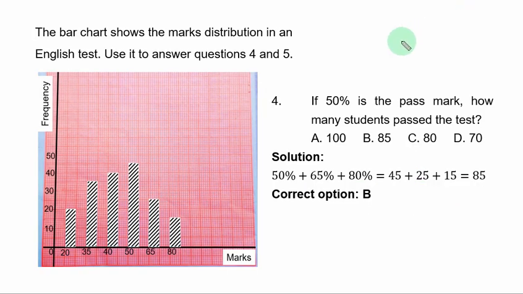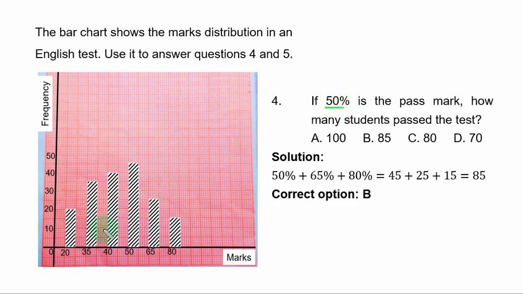The bar chart shows the marks distribution in an English test. Use it to answer questions 4 and 5. Question 4. If 50% is the pass mark, how many students passed the test? Solution.